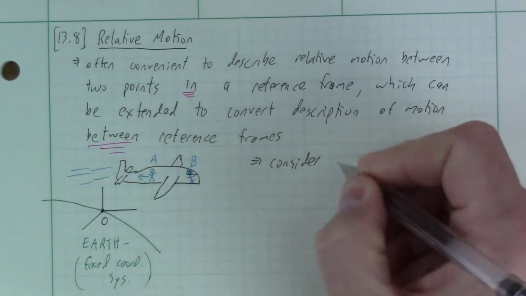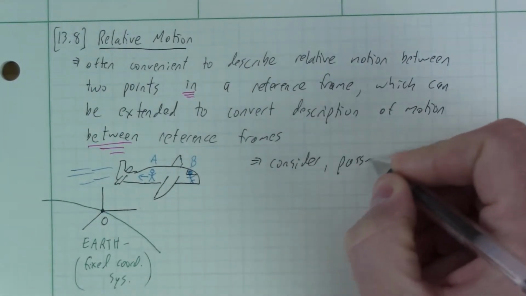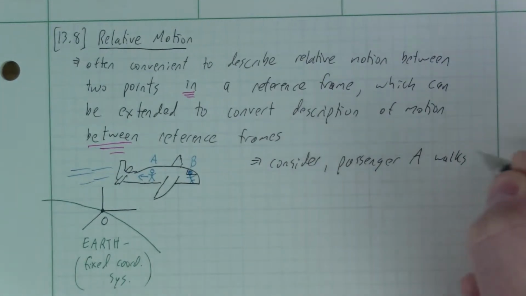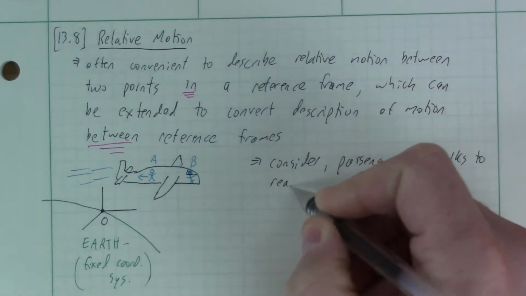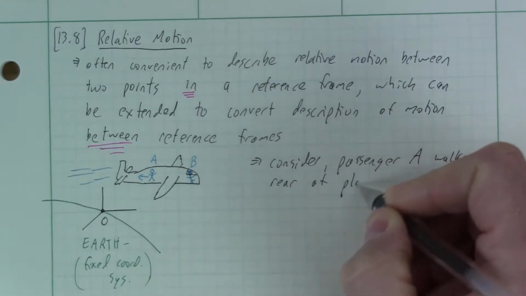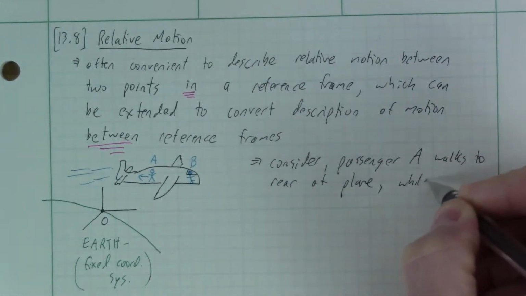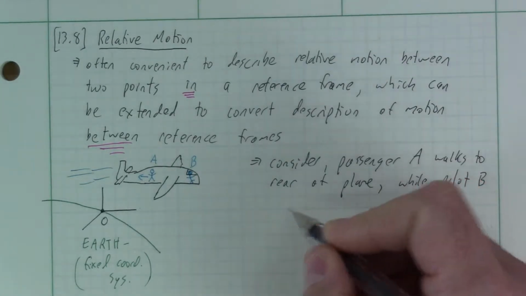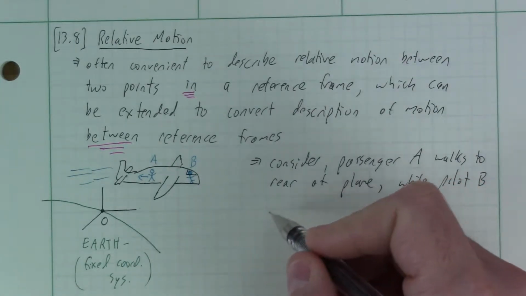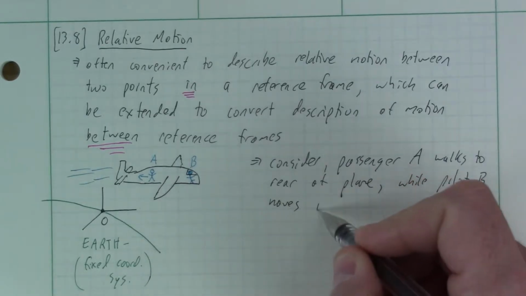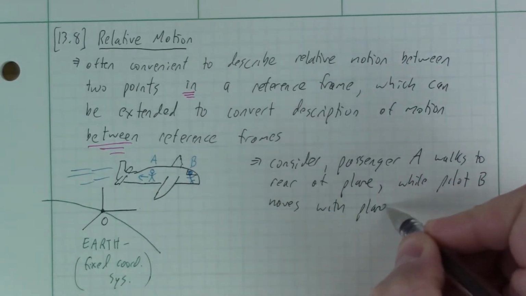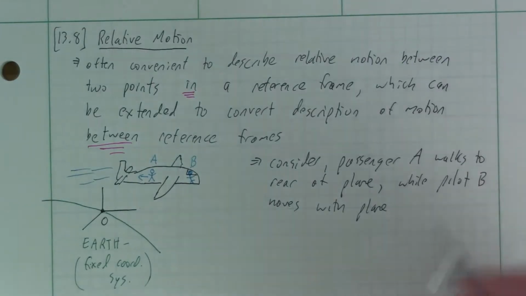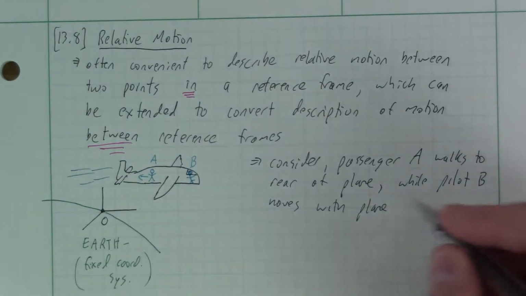Consider passenger A walks to rear of plane while the pilot B moves with the plane. I mean, they both do. They're both on the plane, right? But pilot B is fixed, right? Moves with the plane.